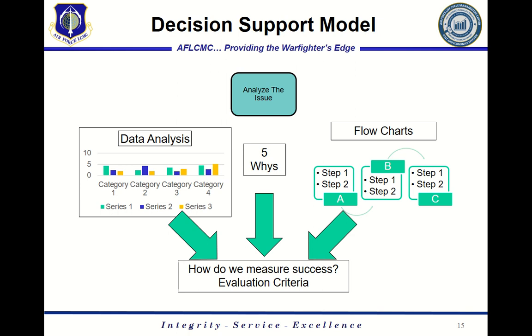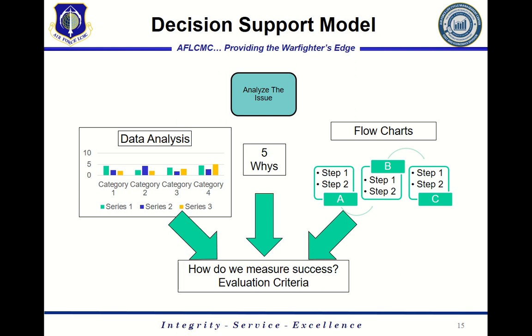It can be helpful to do flowcharts or other diagrams to help understand the problem and the influences it has on other aspects of the workforce or programs. Again, it's all very problem-specific, so you want to understand the full breadth of the issue. Ultimately, in this step, you're going to decide how you're going to measure your success.